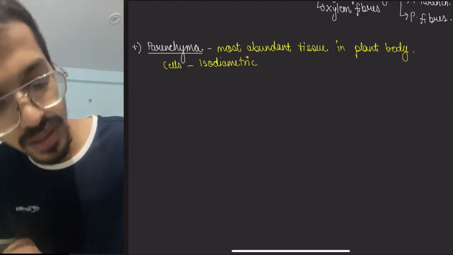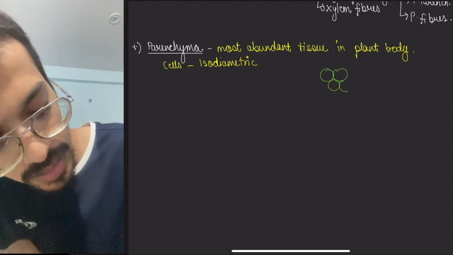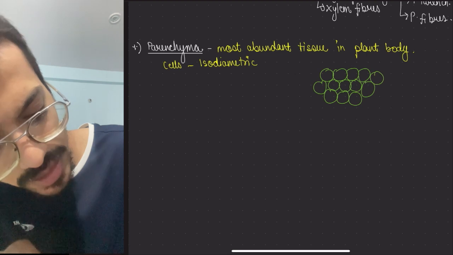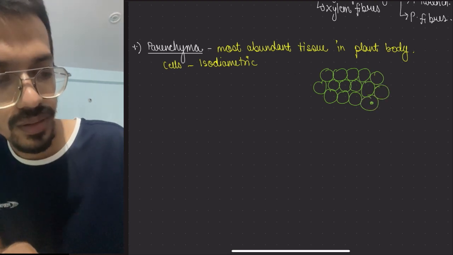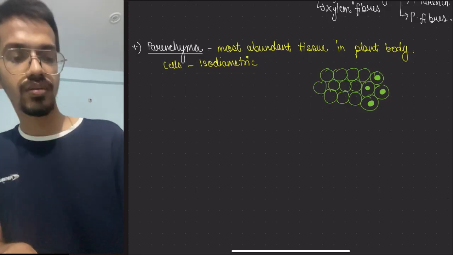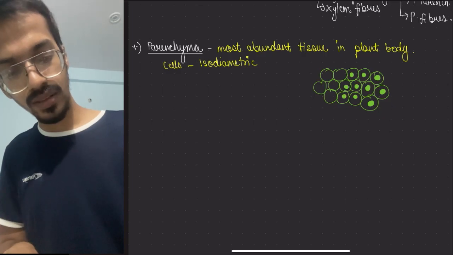Let's just make it. It will be like this. This is a parenchymatous cell. I just made one type of it. It has a nucleus present. We're going to make the nucleus big, although it's looking too big, but okay, let's just make it.